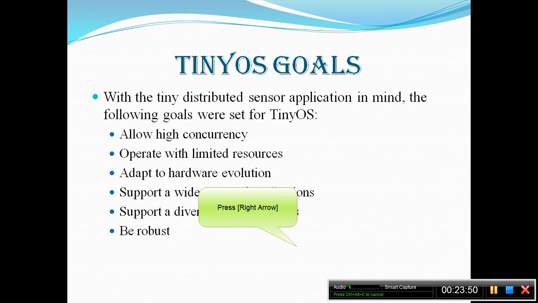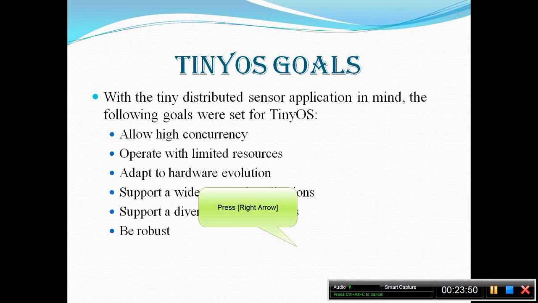Next goal is to operate with limited resources. The target platform for TinyOS will have limited memory and computational resources, and it runs on batteries or solar power. A simple platform may offer only kilobytes of program memory and hundreds of bytes of RAM.